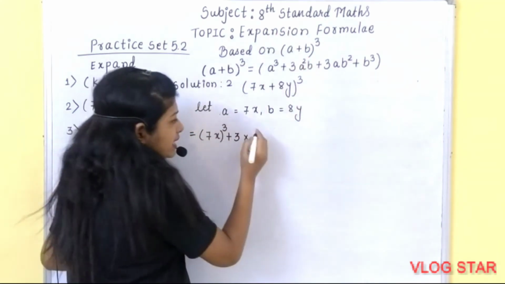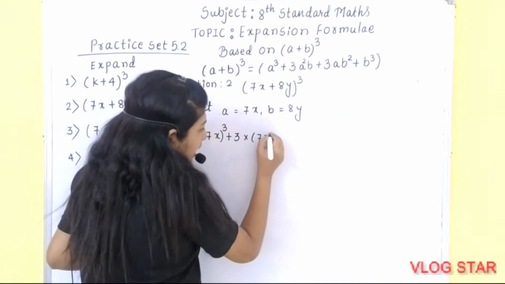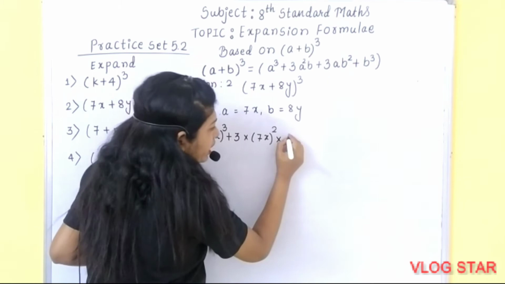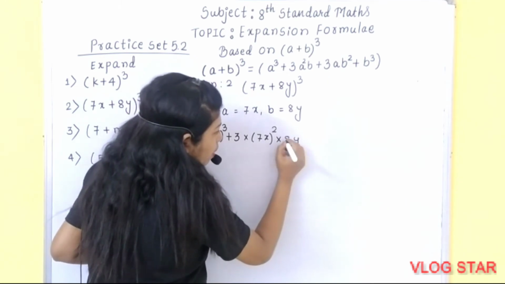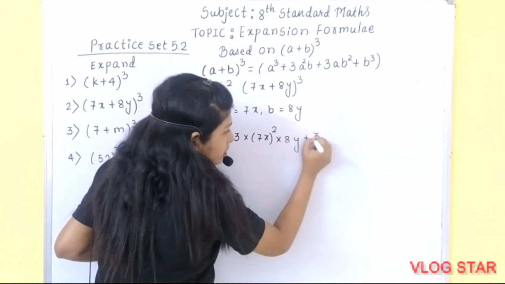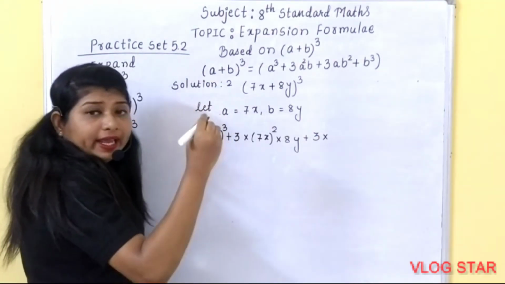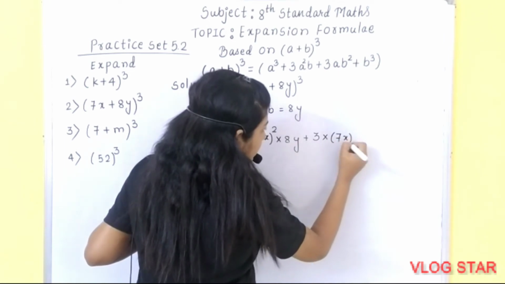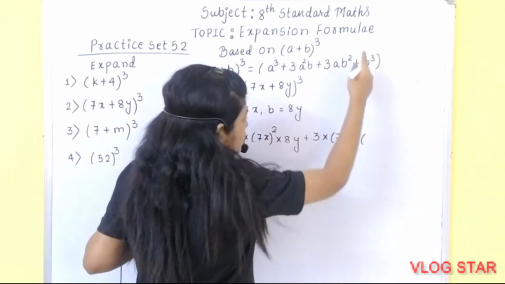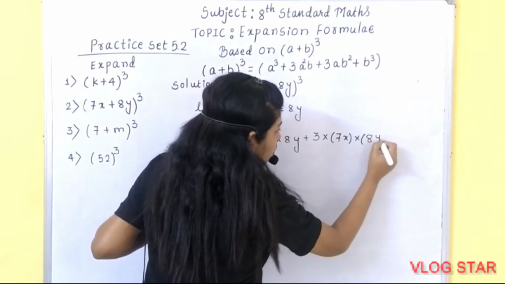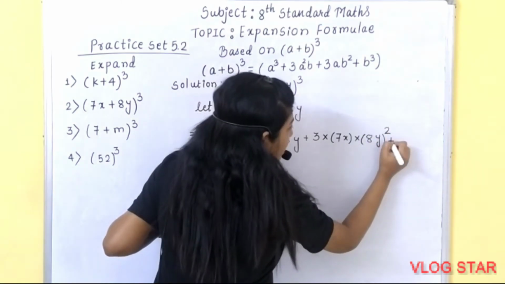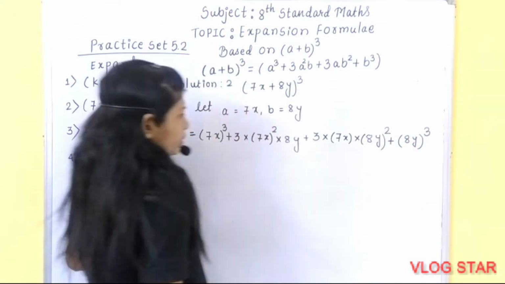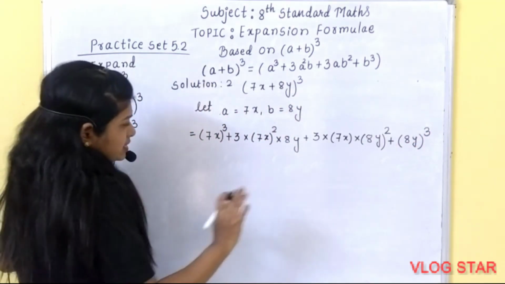What is a in this case? (7x) whole square into b. b is what? 8y, plus 3 into a into b square. a is 7x into b square, that is (8y) whole square, plus b cube is (8y) whole cube. I hope you have understood this step.